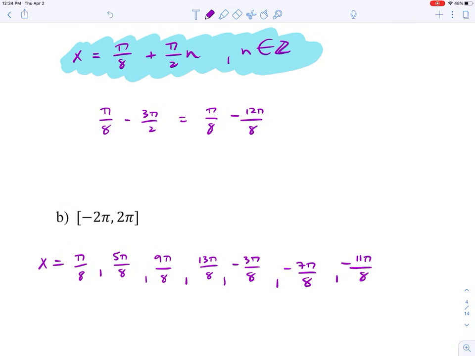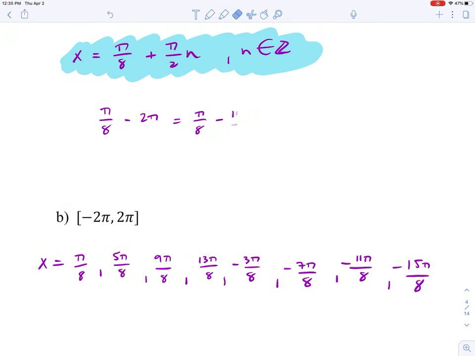Lots of solutions to this equation over this interval. And if n were equal to negative 4, that would be minus 2 pi. That's okay, because pi over 8 minus 2 pi is going to give us an angle that's in this range. So that would be pi over 8 minus 16 pi over 8, so we get negative 15 pi over 8.